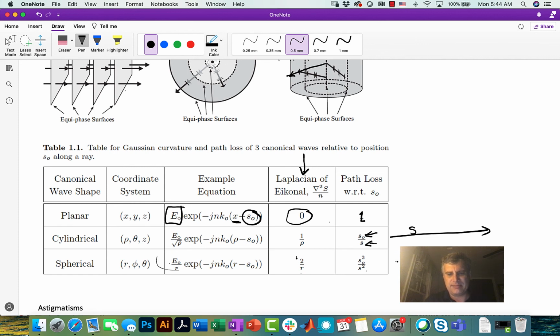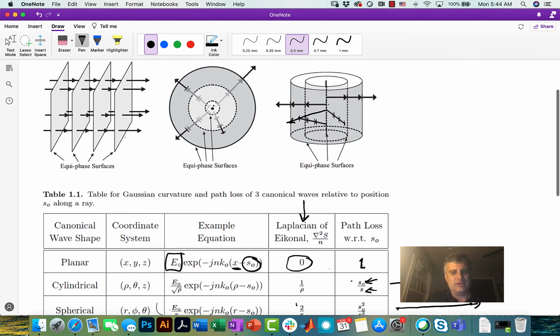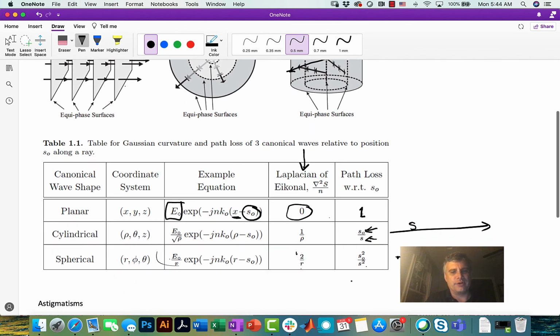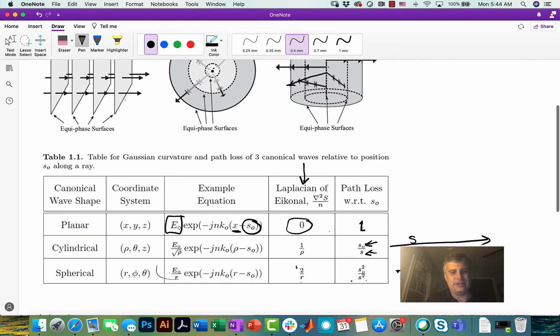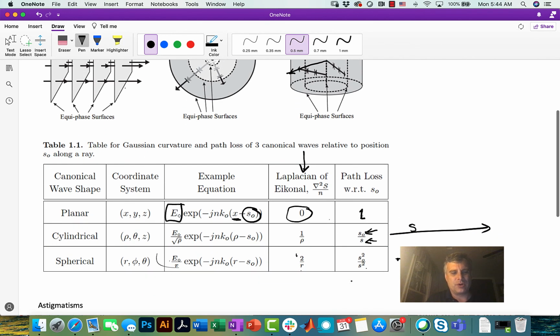So whatever my amplitude is, or my power at the starting point, however long I advance on the ray, it's the ratio of the squares. And these are wave types that you've probably dealt with in one form or another in a previous class. But this is how we formally define them, using geometrical optics.